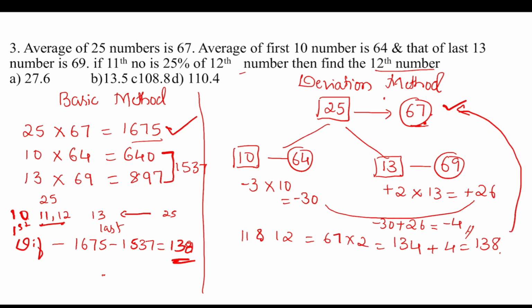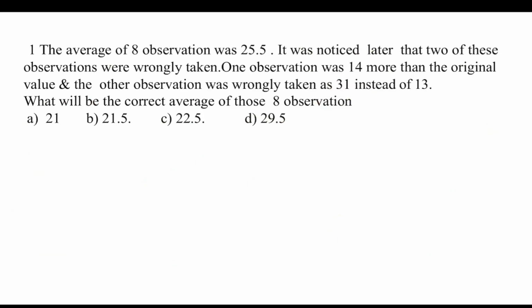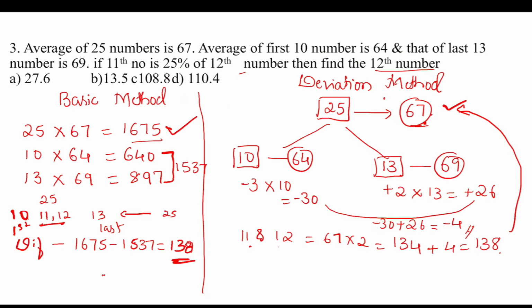Okay, but we don't want the sum of the 11th and 12th. We want the 12th number, that is what they are asking. So what is the 12th number? Sorry, the 11th number is 25% of the 12th number, isn't it? So the 11th number is 25% of the 12th number.